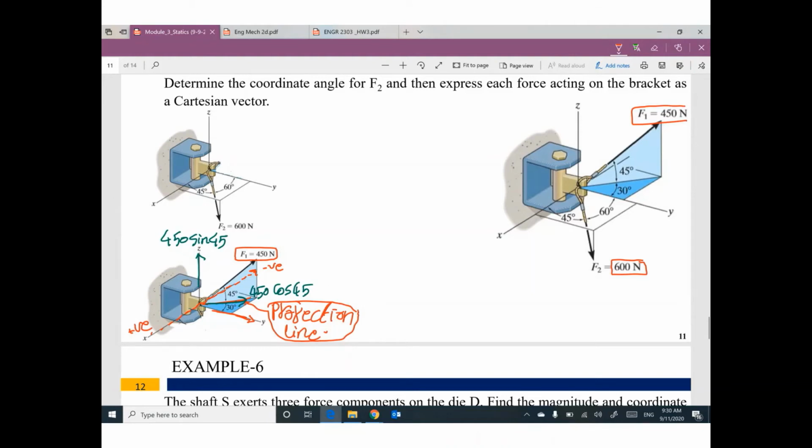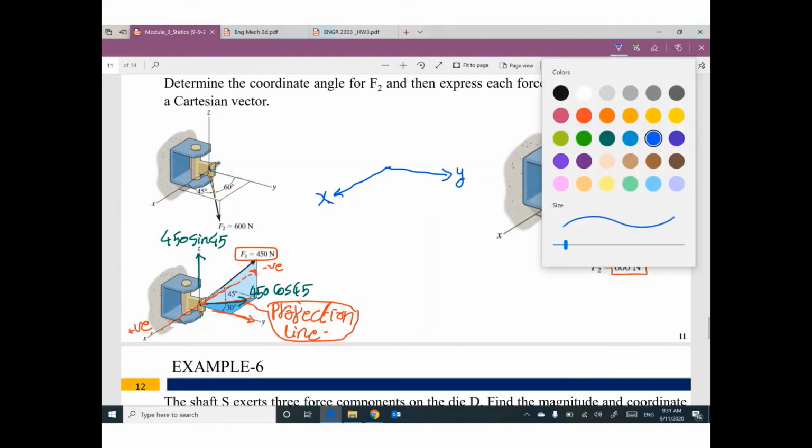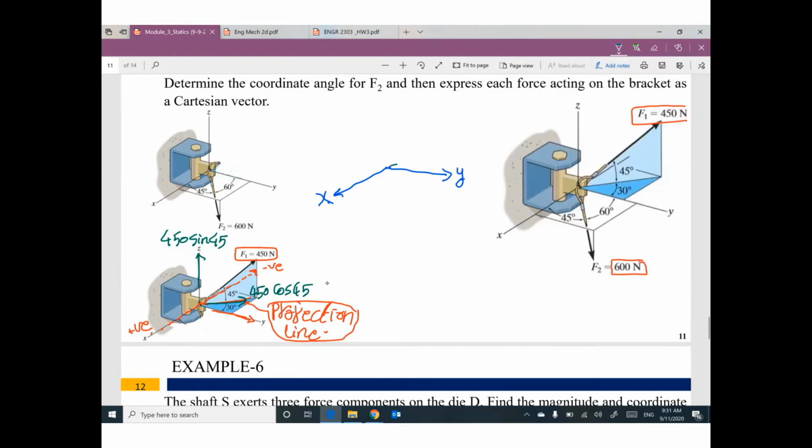Just to make it clear, here is the x-axis, here is the y-axis, here is the projection line, which is 450 cosine 45 degree. And the other given angle, which is 30, between the projection line and y-axis. So we need to break this projection line between x-axis and y-axis.